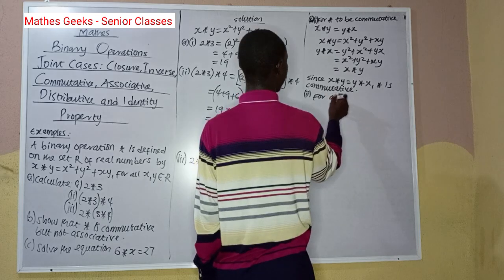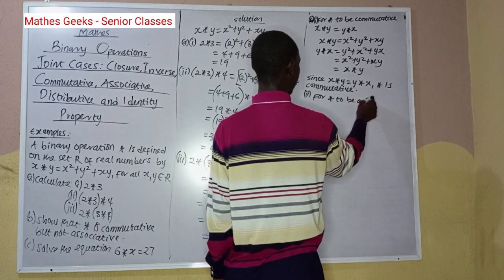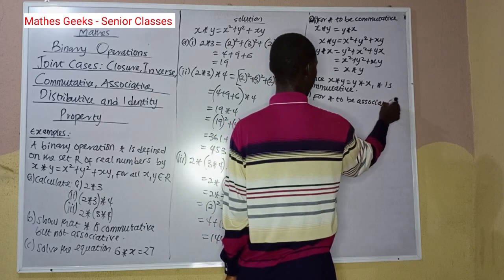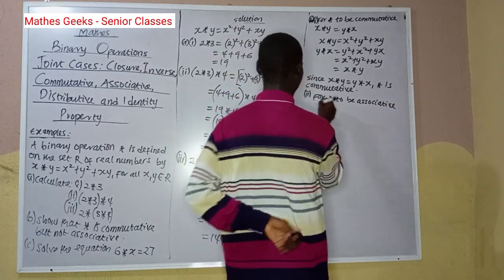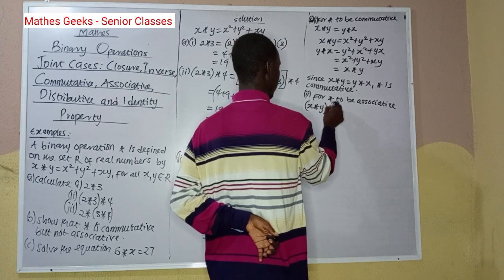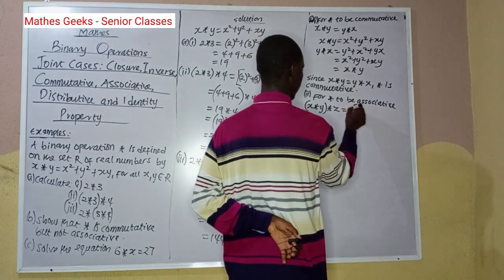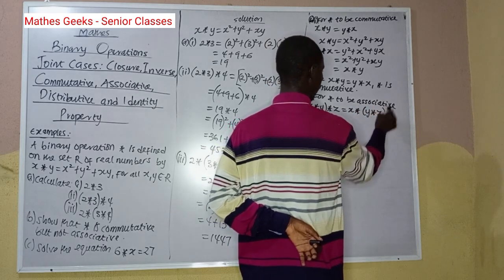For star to be associative, it means (x star y) star z should be equal to x star (y star z).